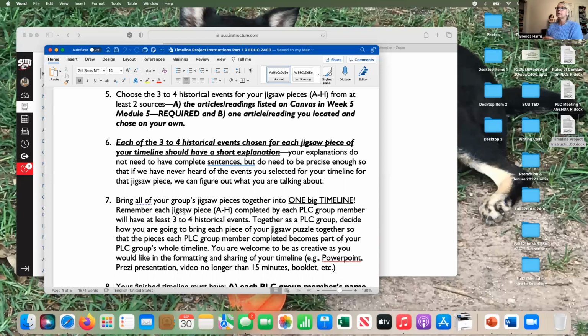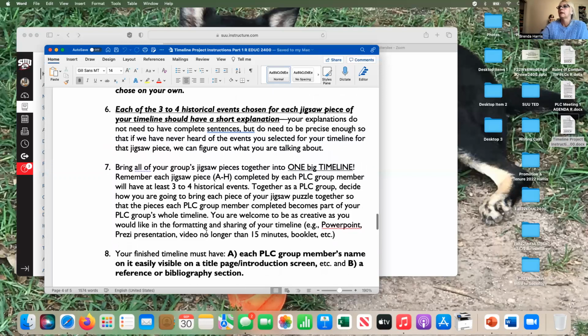So it can't be like Jack says, well, I emailed in my part, I don't know what Jill and Jane did. No, it has to be one unified, cohesive whole project.